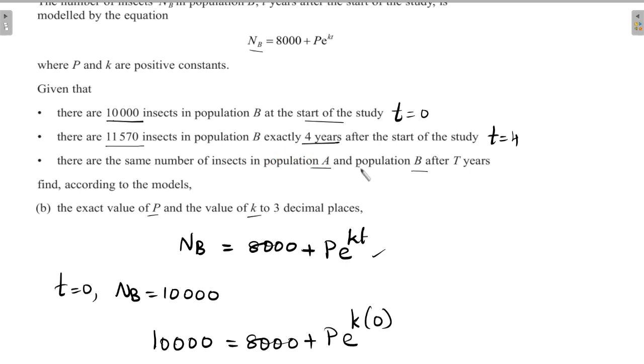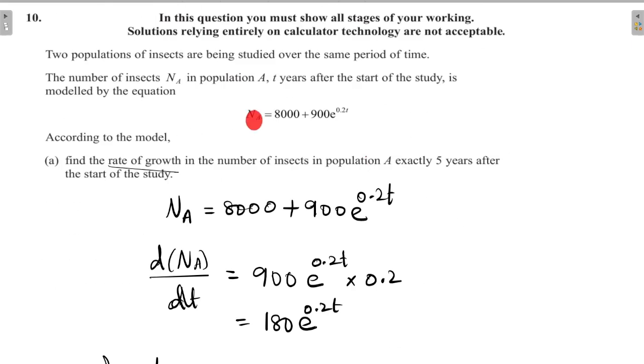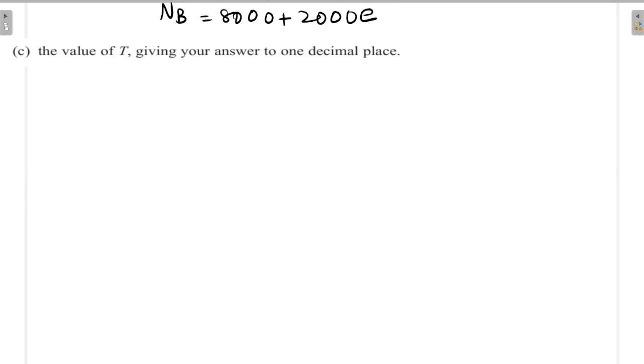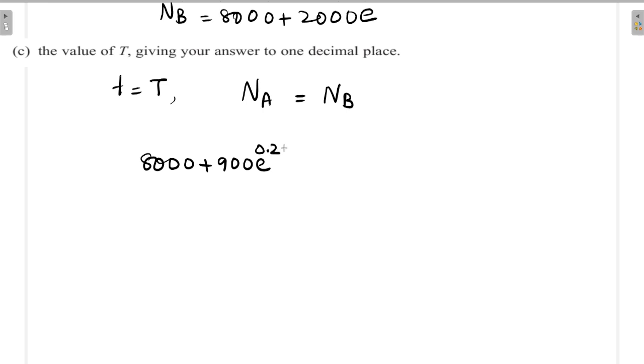So population A is equal to population B. Population A is NA equal to 8,000 plus 900 e power 0.2t, which is equal to NB.